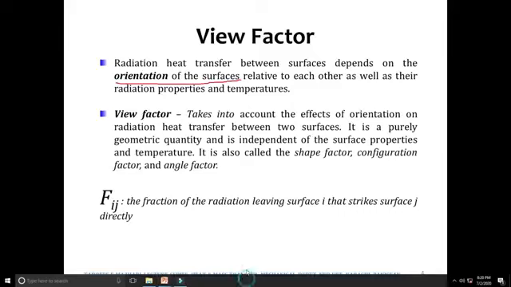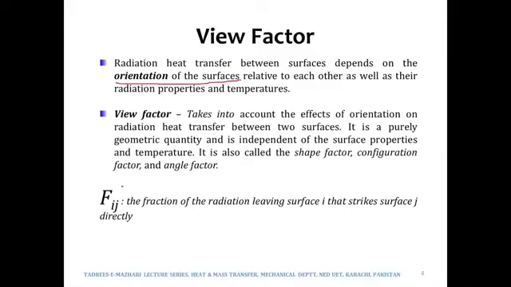So that orientation aspect is found out using the view factor. It takes into account the effects of orientation on radiation heat transfer between the two surfaces. It is a purely geometric quantity.